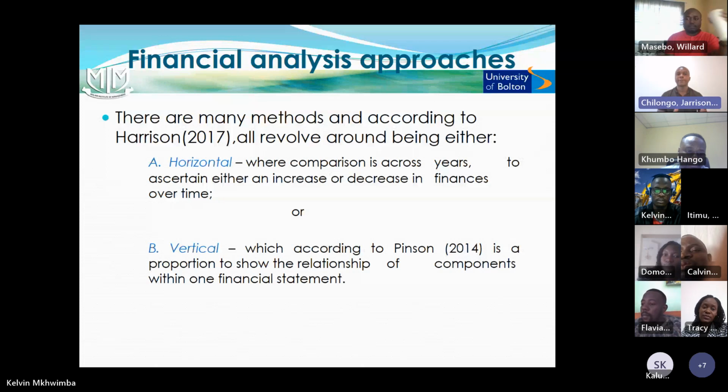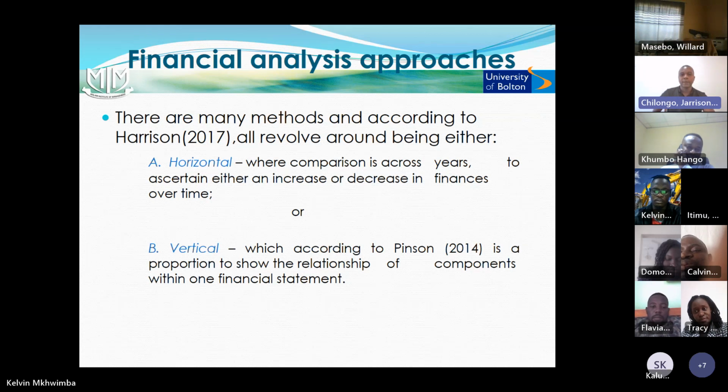Horizontal being where the comparison is across years, like the current year compared with the previous year, maybe one quarter against another quarter, but the figures are within a row denoting that horizontal element of comparison. While vertical, it's within the same statement, but you are comparing how the items are faring within a column.